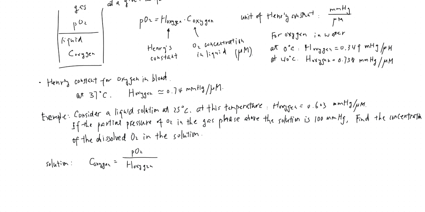So it is 100 millimeter mercury divided by the Henry's constant, which is 0.603 millimeter mercury per micromolar.